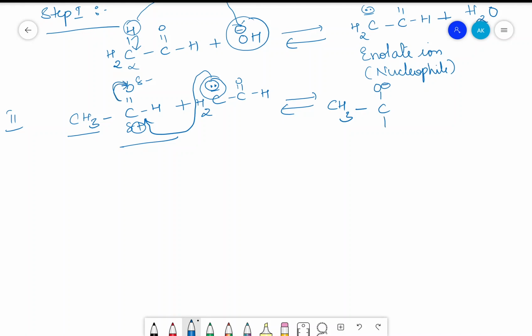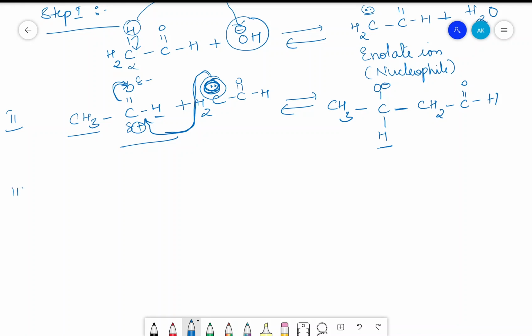I'm writing H here. Then because of this transfer, we'll get a bond because of this electron or negative charge, and I'm going to continue my writing, that is CH2, C double bond OH. So this is our intermediate where oxygen has negative charge.